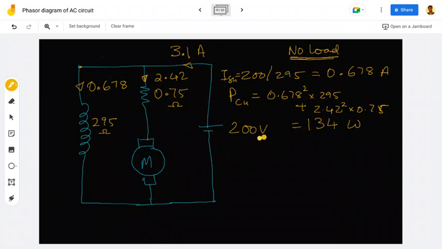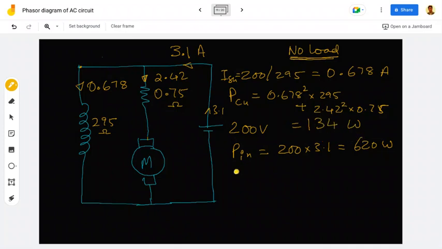So what is the total input? The total electrical input will be 200 into 3.1, which is 620 watts. This is under no load conditions.